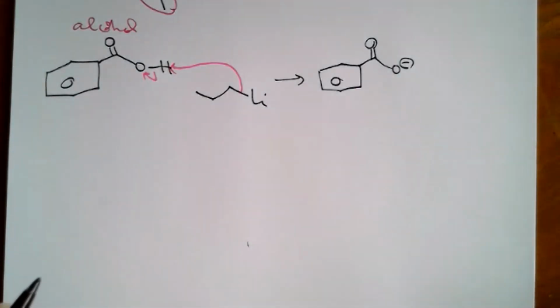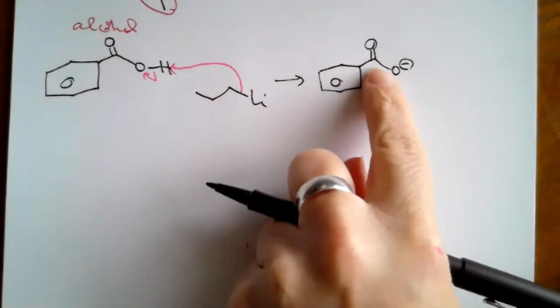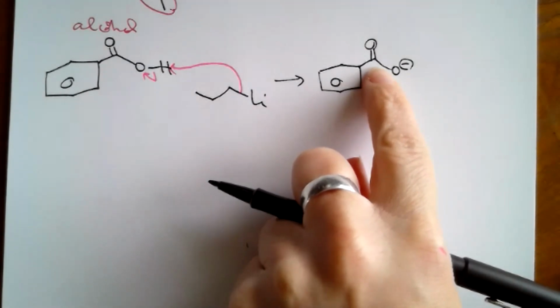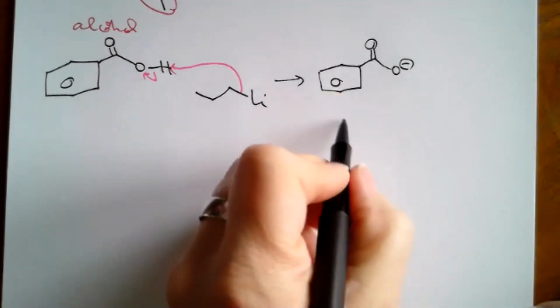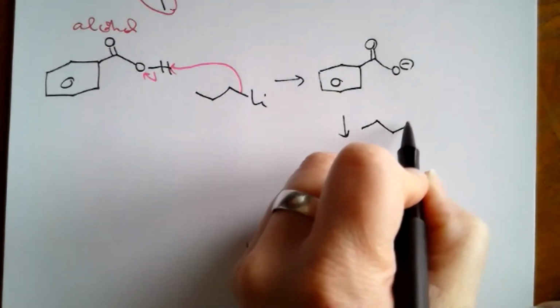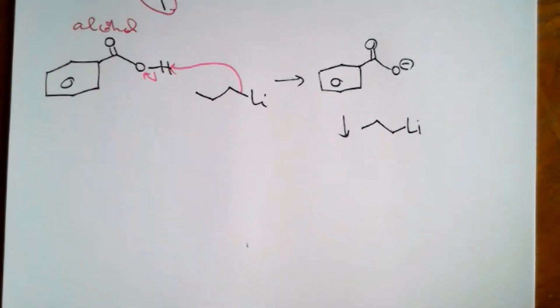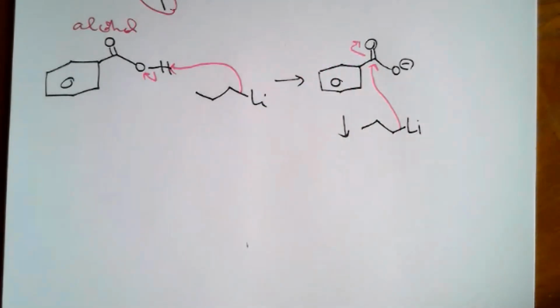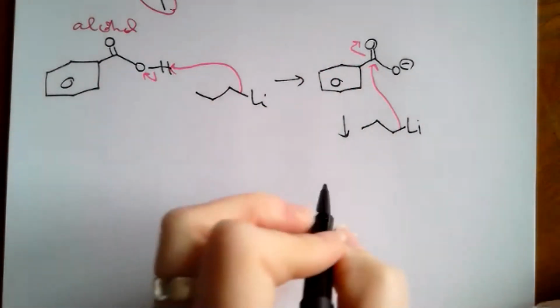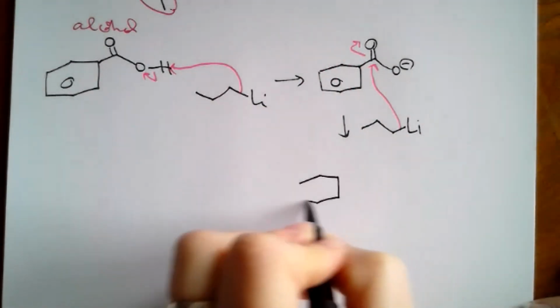When a Grignard did that, we said a Grignard is not strong enough to react with a carboxylate. The partial positive here is not enough of a partial positive for a Grignard to react. Oh, not so true when you have an organolithium. Organolithiums are crazy reactive species. So that organolithium can and will attack the carbonyl carbon of your carboxylate.